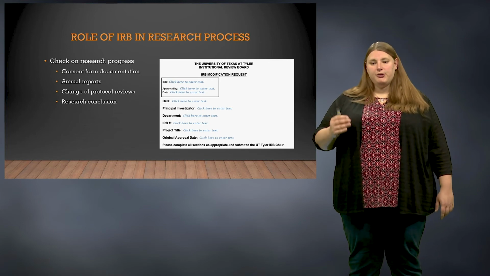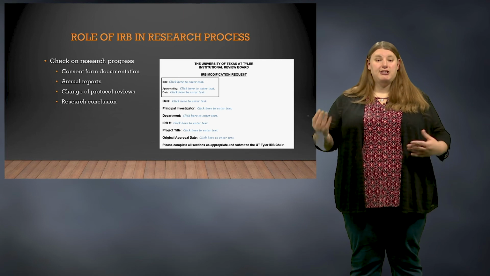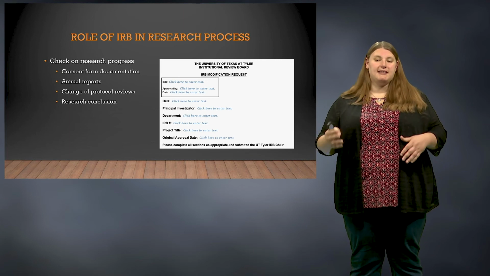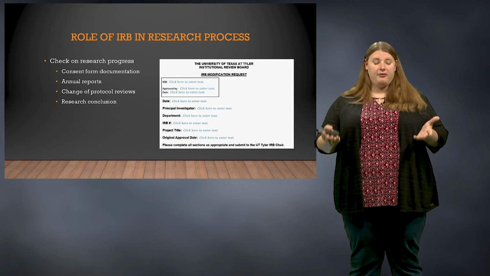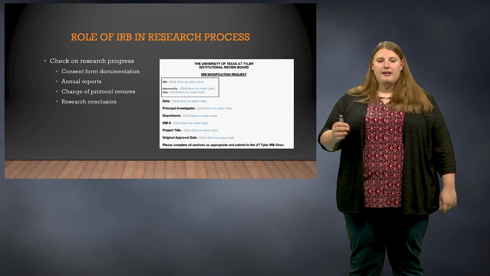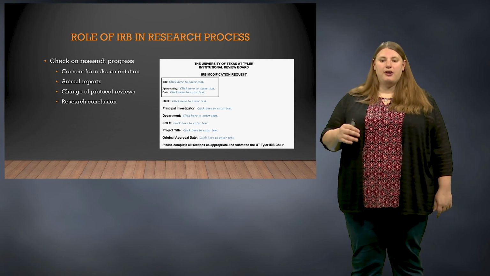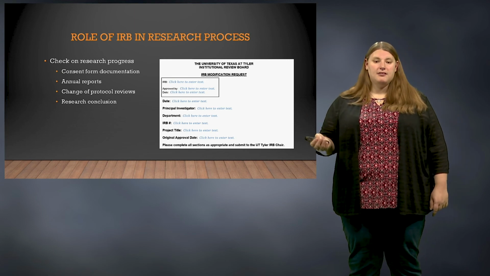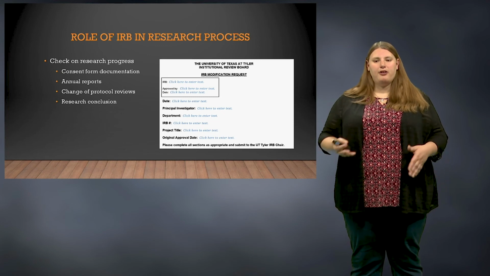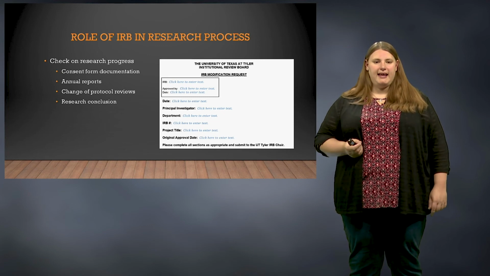For every change requested, the researcher must provide justification, and they must discuss how it affects the risk-benefit ratio of the study. Finally, researchers will also notify the IRB when their study ends. Most IRBs will request a final report detailing the total study outcomes as well.